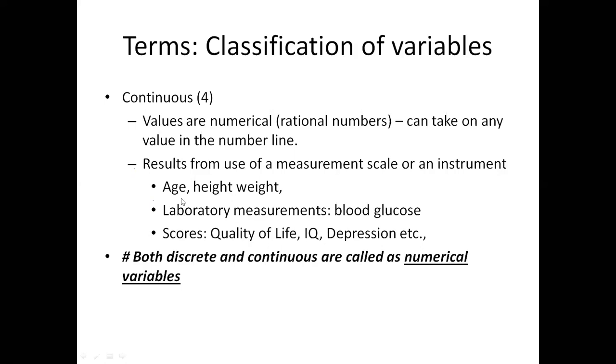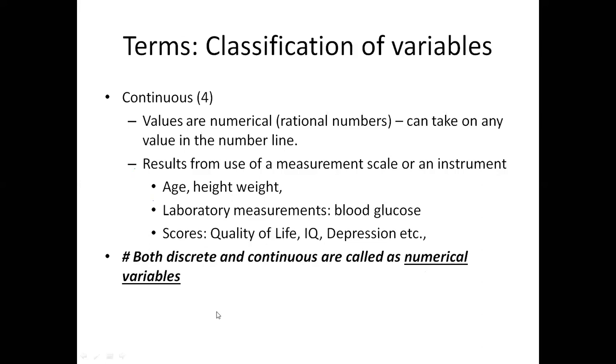So things like height, weight, and laboratory measurements like blood glucose, or if you're measuring any particular antibody levels, are all considered continuous variables, because the values that they take can be any value within their range. Both the discrete variable and the continuous variable are called numerical variables.